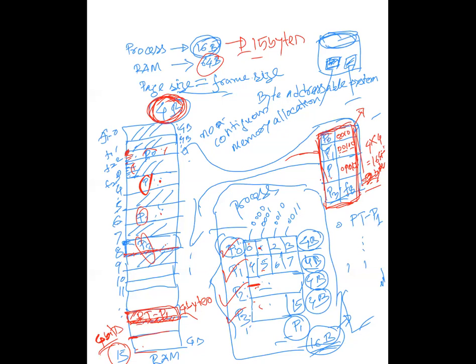Next, we loaded the page table for P1 inside a frame, and now, how will the CPU execute a process? For contiguous memory allocation, you heard about the process table base address.